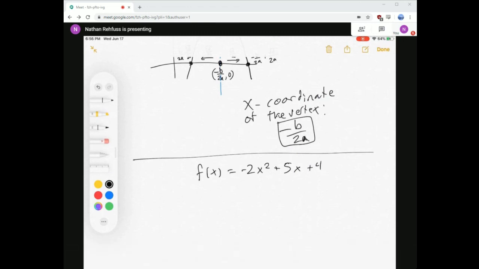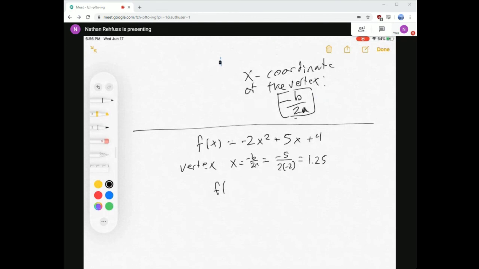Instead, what I'll do is say, vertex has x equals negative b over 2a. So it's negative 5 over 2 times negative 2. Well, that's 1.25. So that's where the vertex is. What's the y-coordinate of the vertex? Let's find out. 1.25 gets plugged into f, so that's negative 2 times 1.25 squared plus 5 times 1.25 plus 4.